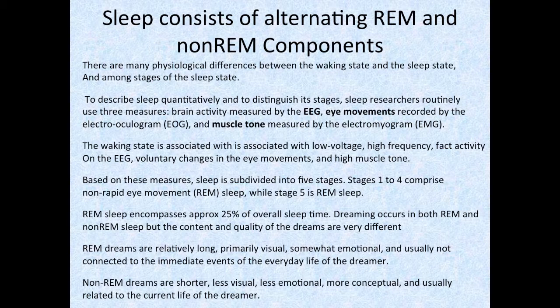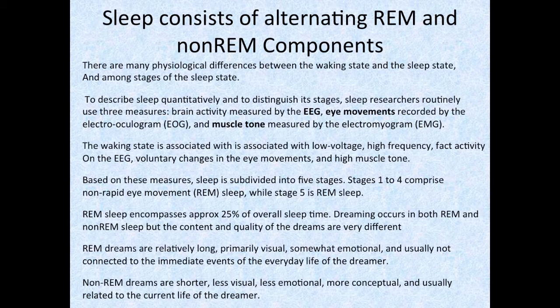The stages of sleep are described using three primary measures: the EEG, eye movements, and muscle tone. The waking state is associated with what we call low voltage, high frequency, and very fast activity on the EEG.